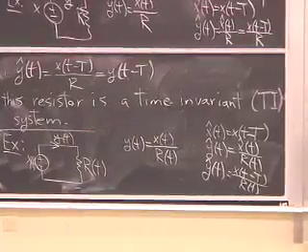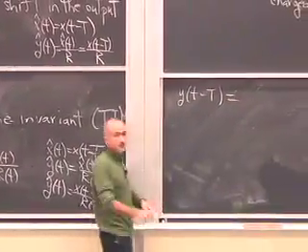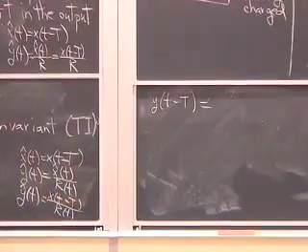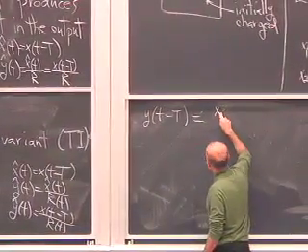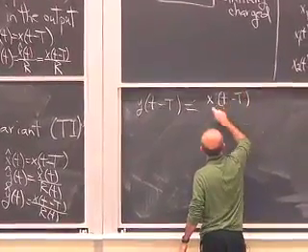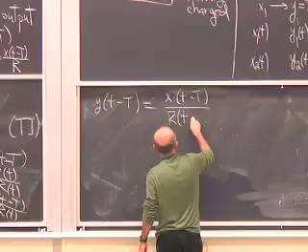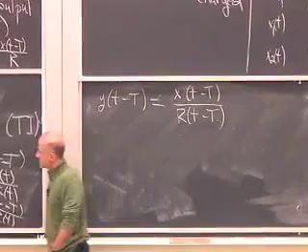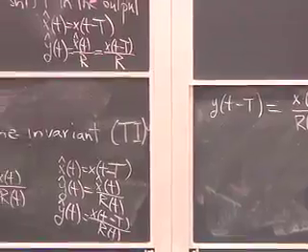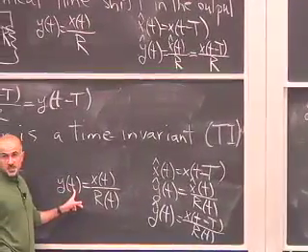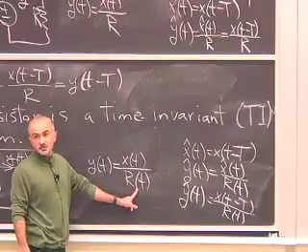What's y of t minus cap T? X of t minus cap T divided by R of t minus cap T. So when you want to look at the shifted original output, every place you see a t, you have to replace it with a t minus cap T now. So you've got to do it in the numerator and you've got to do it in the denominator.